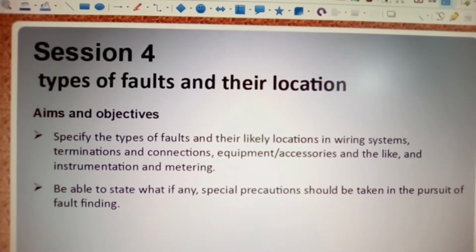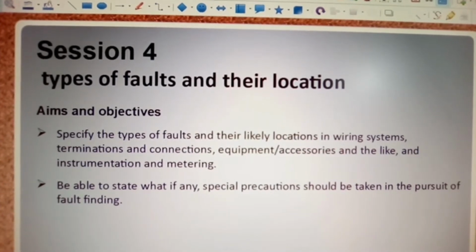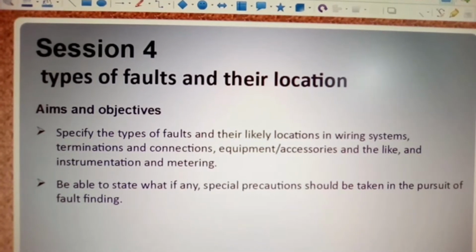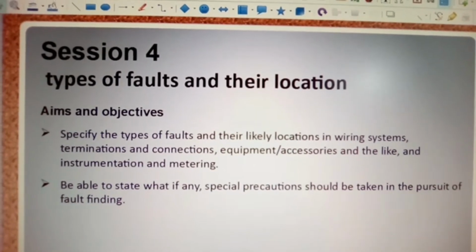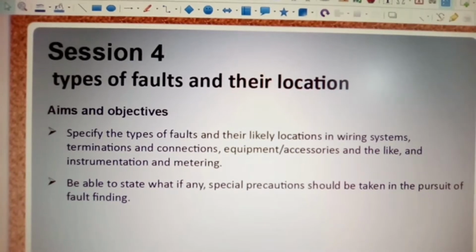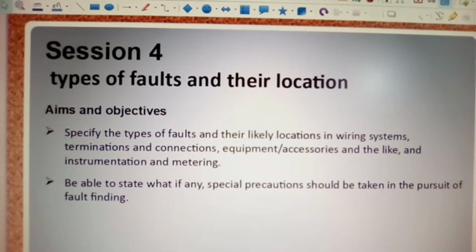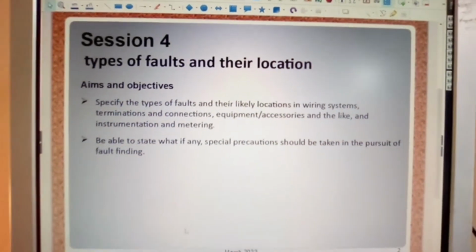It is the Bible for electrical installation, or electrical work basically. Whether you're doing electrics or electronics, it is still relevant. It is your responsibility to make sure you are compliant at all times with the IEE regulations. Nothing less than that.